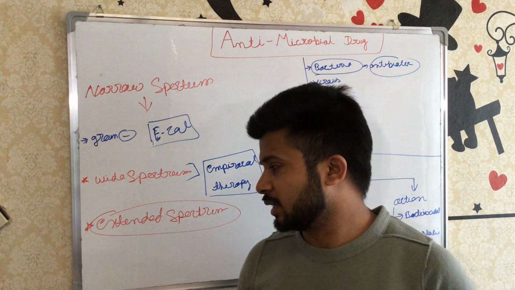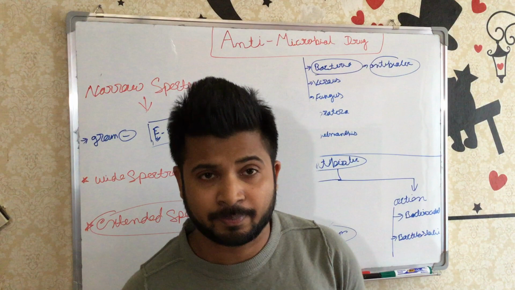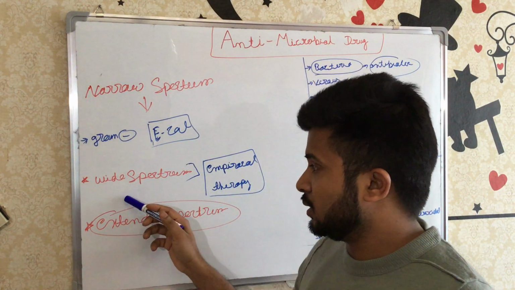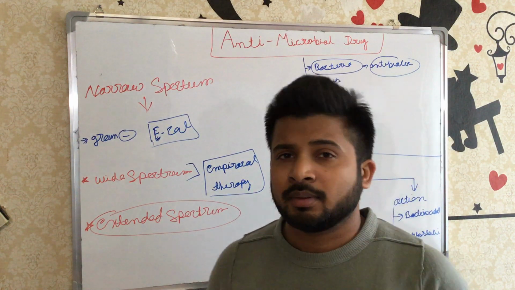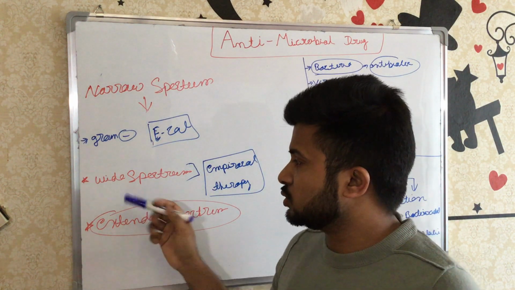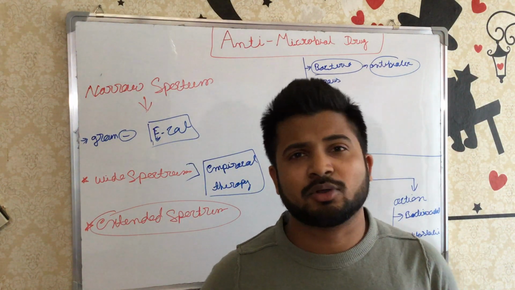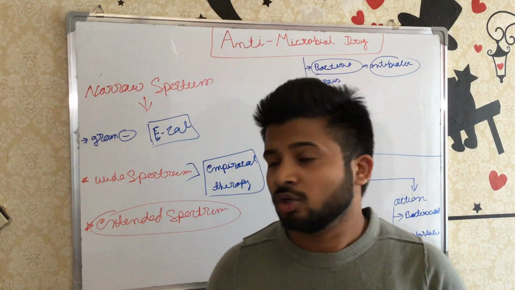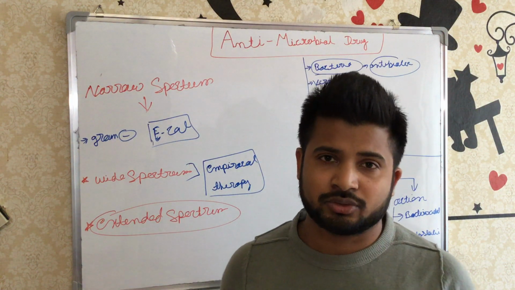At that time we can use extended spectrum, but most probably we use wide spectrum, because a lot of patients come, and for fast treatment we always use wide spectrum, because with wide spectrum, even without any laboratory investigation, if we suspect the person has a bacterial disease, we can treat.